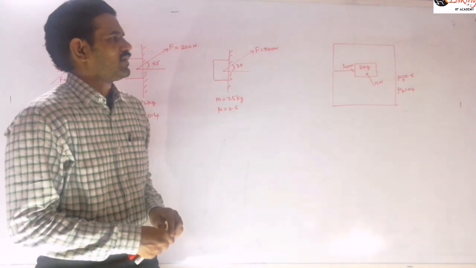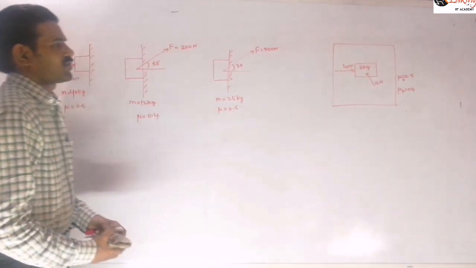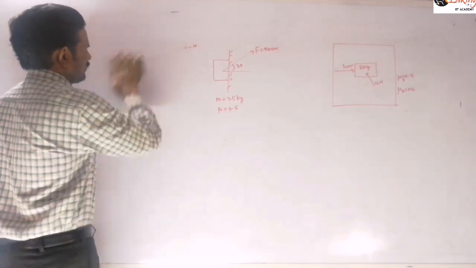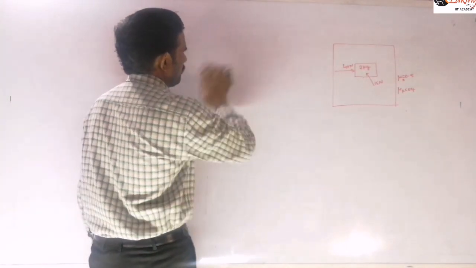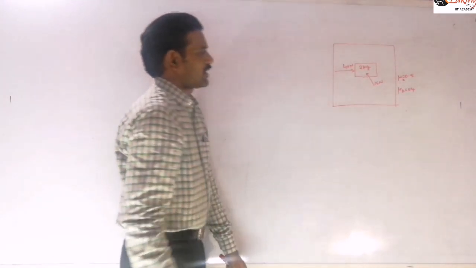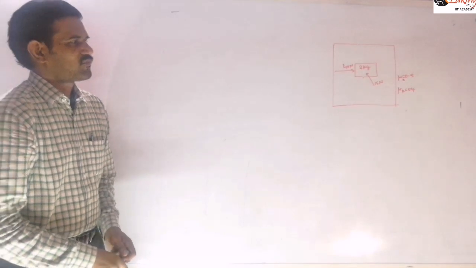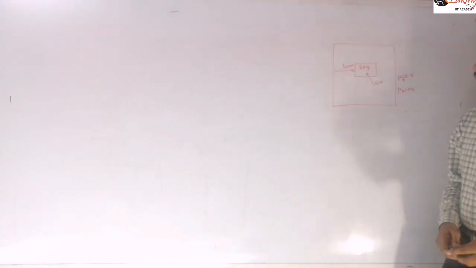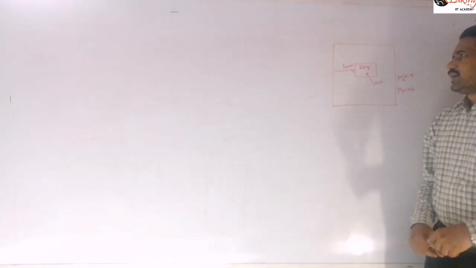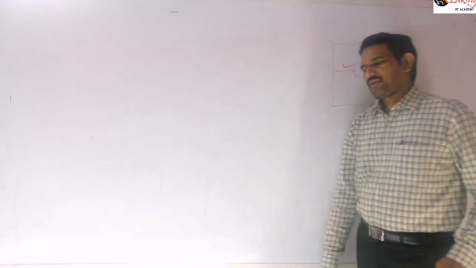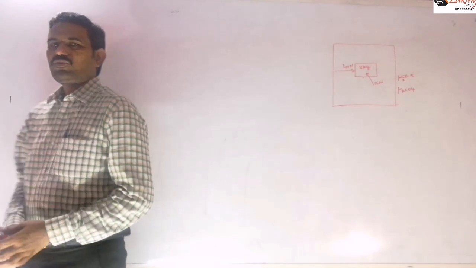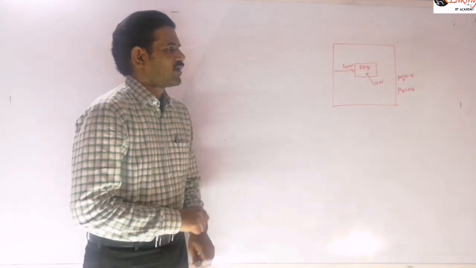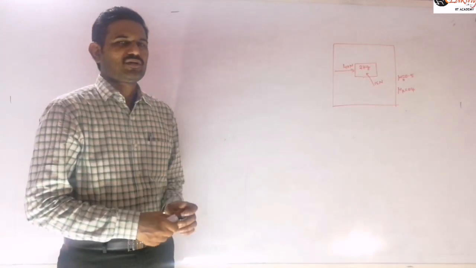Write down the data. A block of mass 2 kg is pressed against a wall by applying a force of 15 newtons perpendicular to the wall. Another force of 40 newtons is applied on the block parallel to the wall and perpendicular to the 15 newtons.